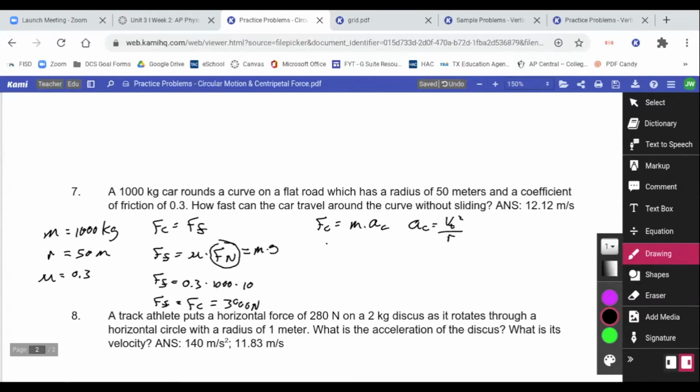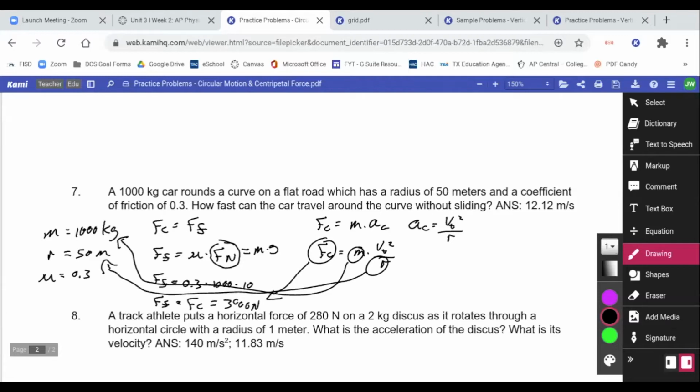So we could say centripetal force is equal to mass times velocity squared over radius. In this case, we have solved centripetal force here. They gave us the mass right there. Radius, they also gave us right there. So we have everything we need except for velocity, so we could solve for velocity. So that's going to be our strategy for number 7.